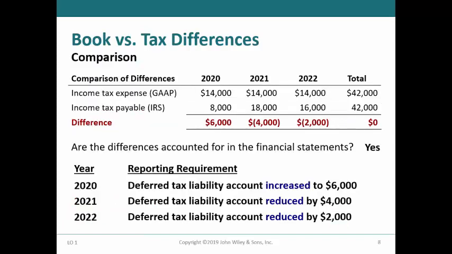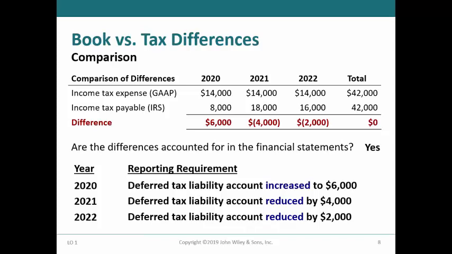This slide shows the differences each year. If you notice, in the first year, the income tax expense per GAAP is higher than the income tax payable per the tax return by $6,000. However, in the second and third year, we see that this reverses, and the income tax payable is higher by first $4,000 in year 2 and then $2,000 in year 3.